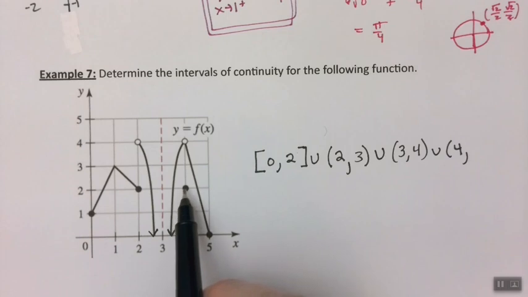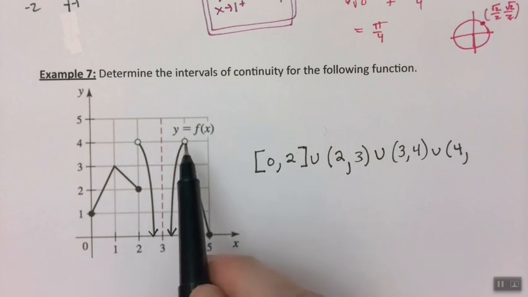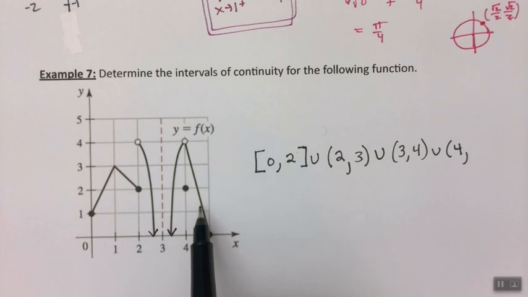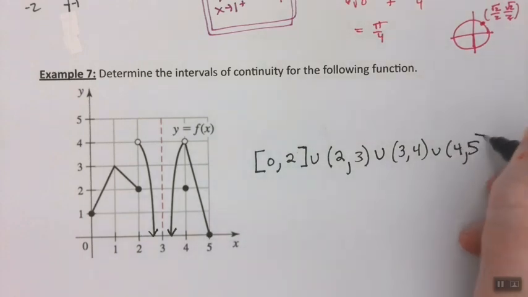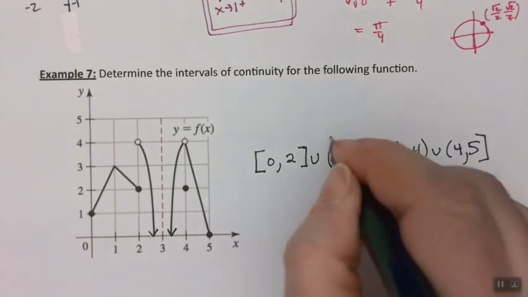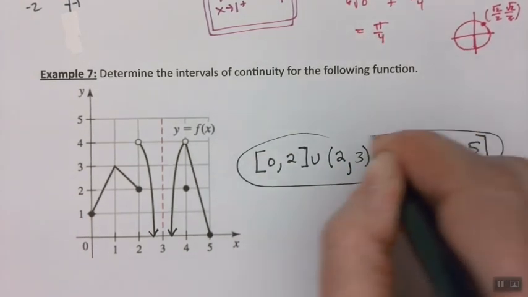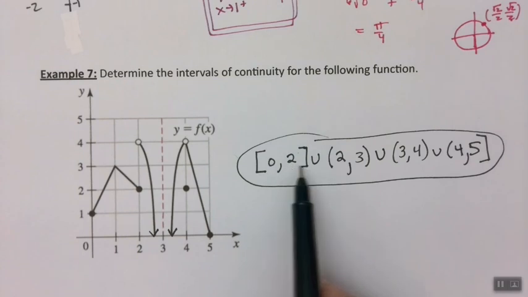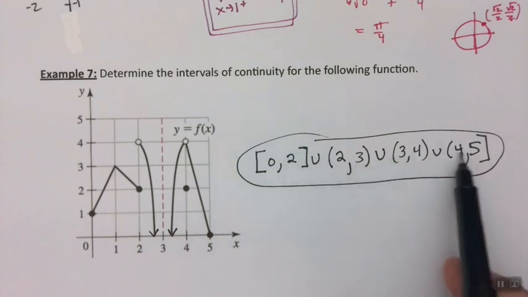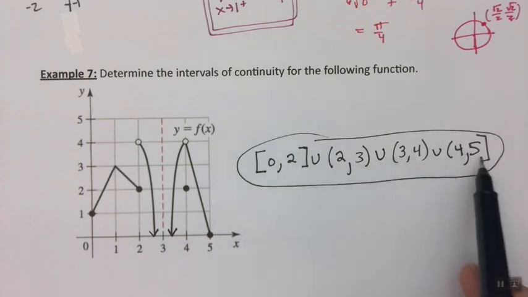Ignore that dot because that doesn't count because I'd still have to go over here to draw this. This isn't talking about limits or function values. It's talking about the continuity. So I'd put my pen down and I would draw this whole way and then I'd put a big circle there. So that gets me 5 with a bracket. And I'm done. Those are the intervals for which it's continuous. Closed interval, open interval, and then open on one side but closed on the other.